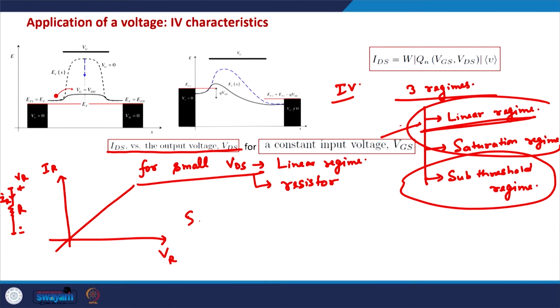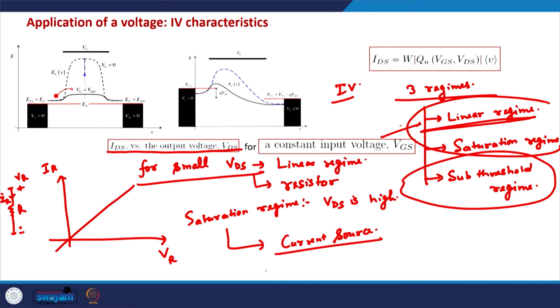In the saturation regime, VDS is a bit high. In that case, the MOSFET acts like a current source. And what is a current source? A current source is an electronic component or system that gives constant current irrespective of the voltage applied across it.